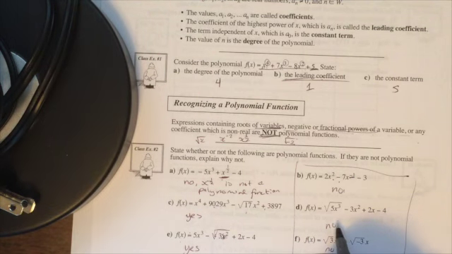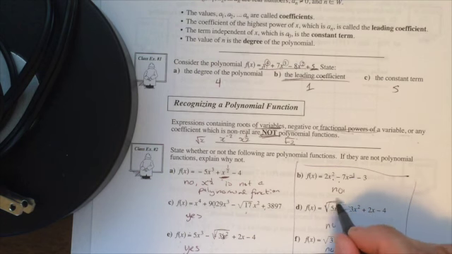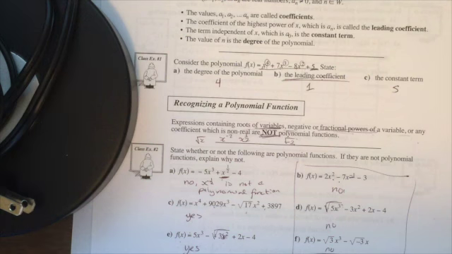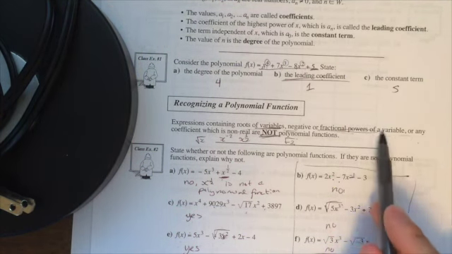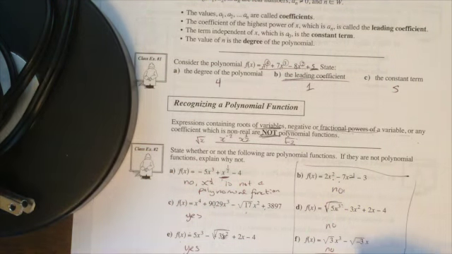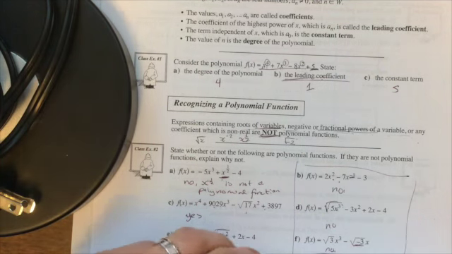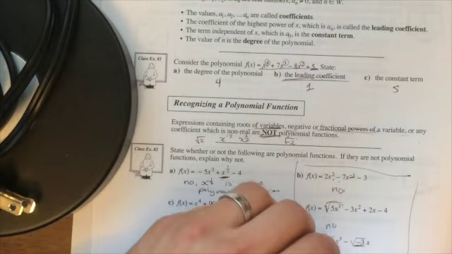This one over here is also not a polynomial function because I can't have the square root of x cubed. If I have the square root of x cubed, that's x to the power of 3/2, which is a fractional power on a variable. And this last one, no, I can't, because I have a non-real number as a coefficient, so that also cannot be a polynomial function.